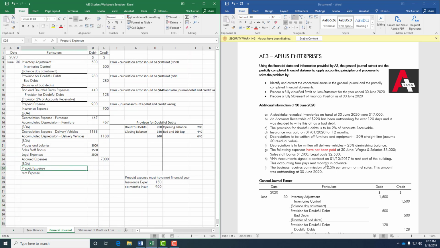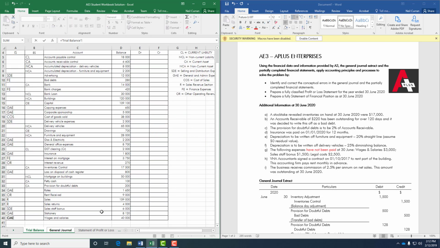Sorry, I made a mistake here. We are earning the rent, so it is an unearned revenue. Okay, and we've got rent revenue here. So take 3 months worth of this rent out as unearned revenue. So $9,000 times 3 divided by 12.